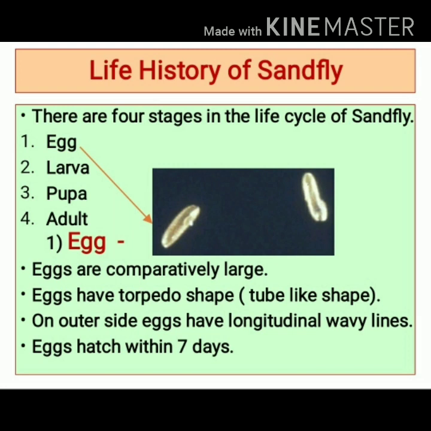Eggs of sandfly are comparatively large and they have torpedo shape, that is tube-like shape. On outer side of eggs, longitudinal wavy lines are present. You can see this in the image. Within 7 days, eggs hatch into larvae.